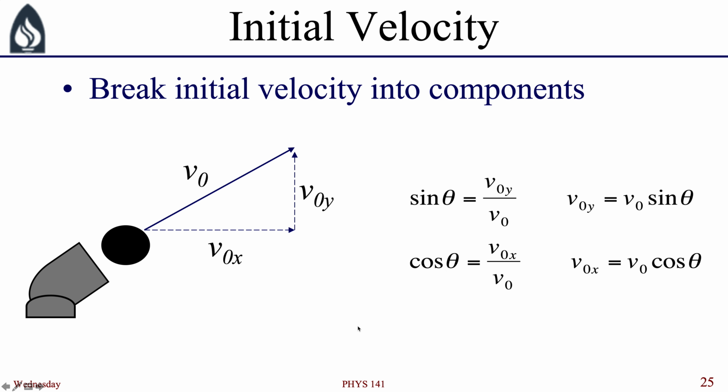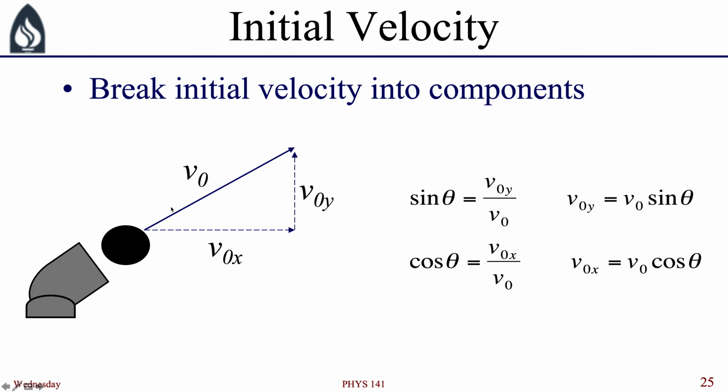Now when we have a parabolic motion problem, one of the things that we'll typically have to do is break the initial velocity into x and y components, so that we can then write down equations that apply to the x and the y directions. So often our initial velocity will have some component in both directions.